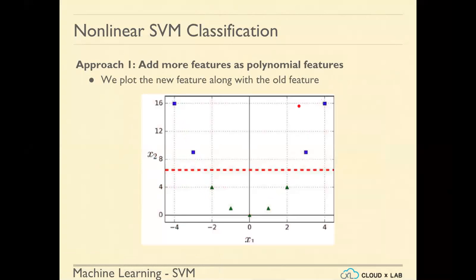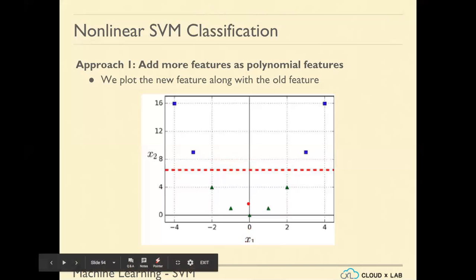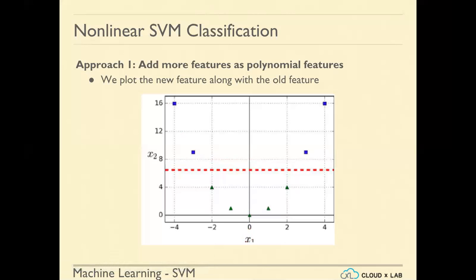Since it was not possible to separate the data points using just one feature, but if you square it, suddenly it is possible to separate the triangles and squares. Is it clear to all?